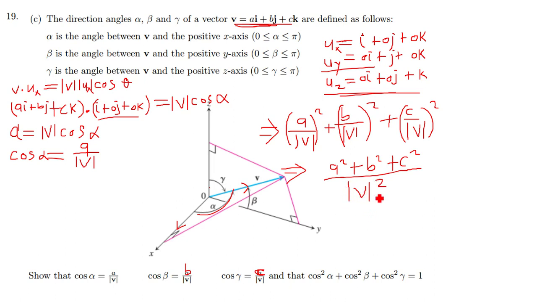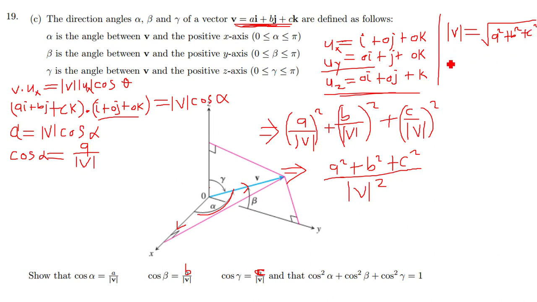We start first by finding the magnitude of v. For the v that we've been given, the magnitude of v is the square root of a squared plus b squared plus c squared.